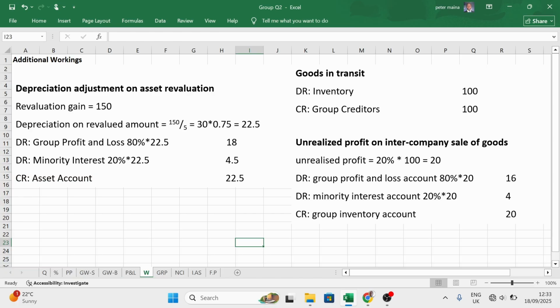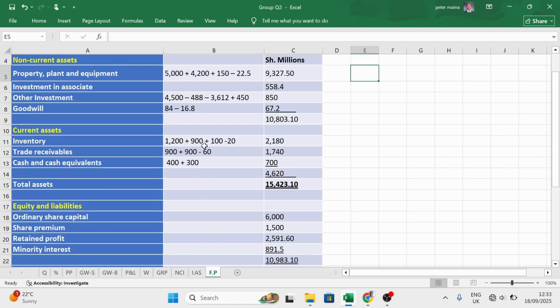And in our workings we said we were going to debit inventory with goods in transit, which is 100. At the same time, we were going to credit group inventory with unrealized profit, which came at 20. So we add the goods in transit, 100. We deduct unrealized profit, 20. We record the balance.